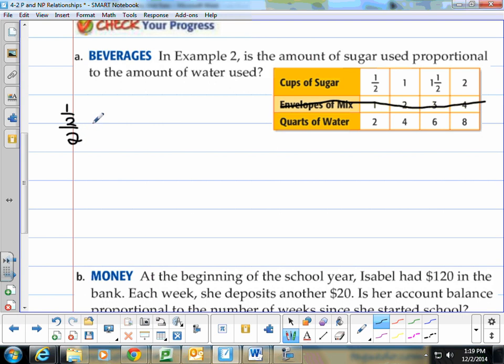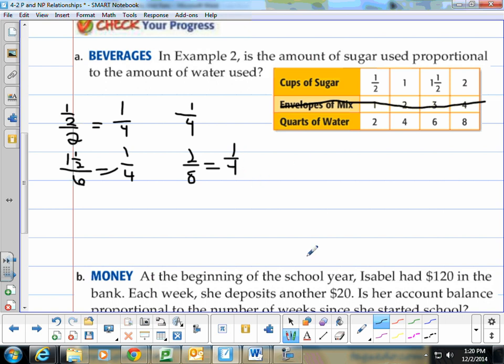That simplifies, well, half of 2 is actually the same as 1/4. Whereas 1/4 simplifies to 1/4. Maybe we're noticing a pattern. 1 and 1/2 compared to 6 is also 1/4. And you could use a calculator here as well. And then 2/8, hopefully we know that simplifies as well to 1/4.